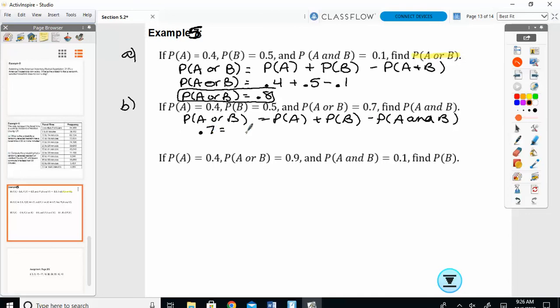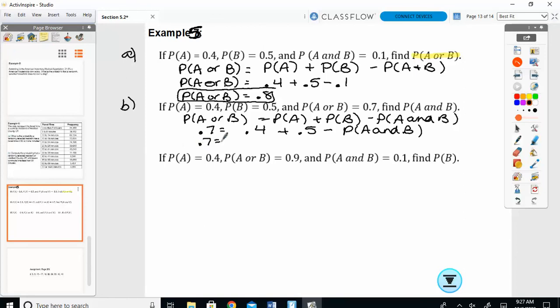The probability of A this time is still 0.4. Probability of B is still 0.5. And so you have to solve for this. Could you guys solve that equation?